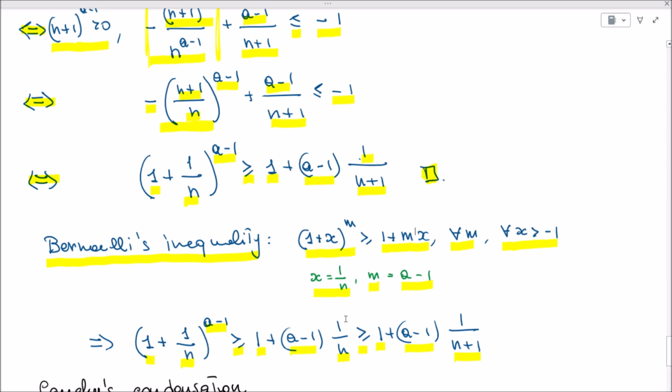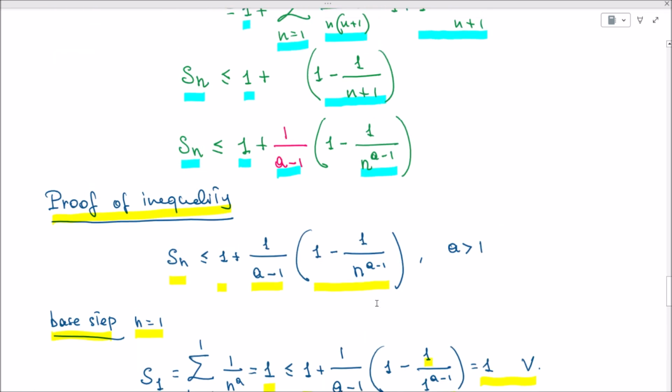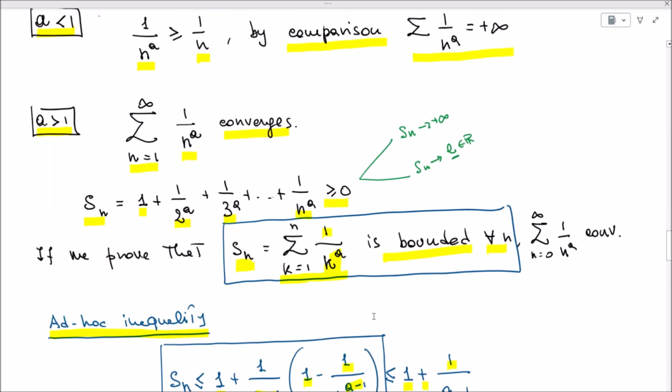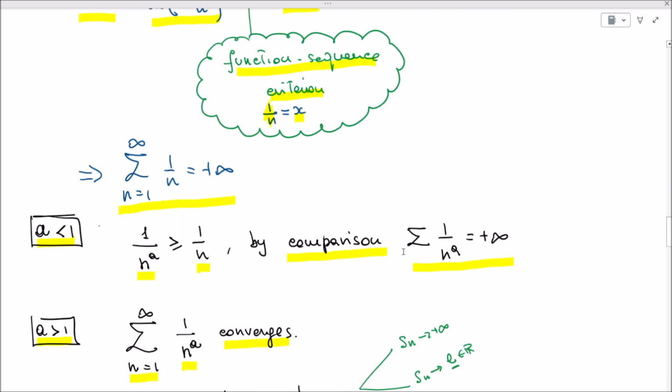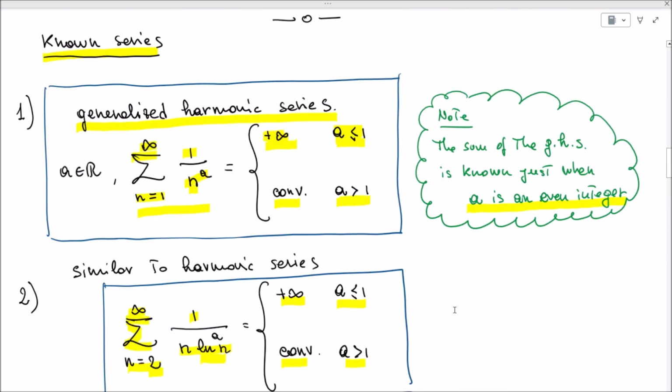Now that we have this inequality, we know that every case is fixed for the generalized harmonic series.